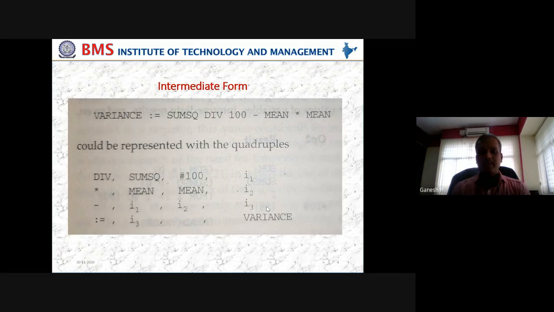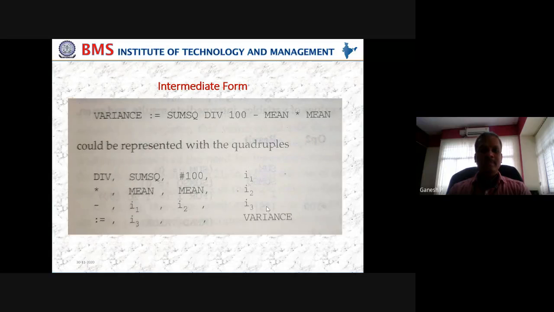As we do normal mathematical expression evaluation, sumSQ / 100 we will evaluate first, later mean multiplication mean, then the result of the right-hand side is subtracted from the left, and the final result will be assigned to variance.